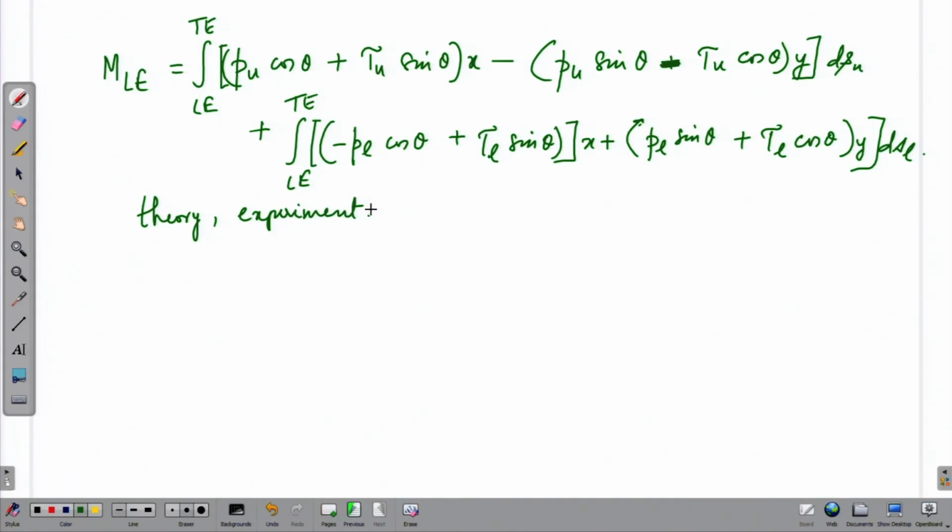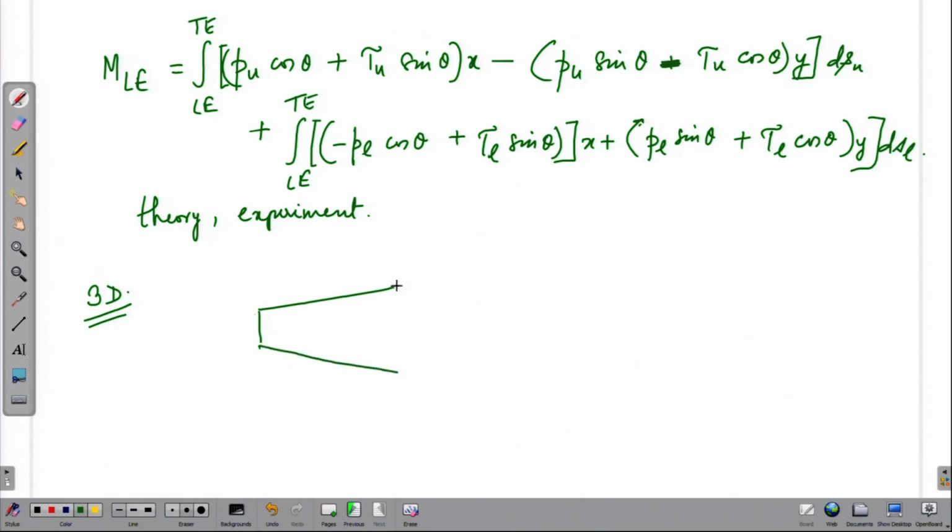Now, let us look at whether we can non-dimensionalize these forces and moments. Actually, we can, and for 3-dimensional bodies, let us say if you are looking at a wing, then the plan view of a wing may look like this, where you are not considering other elements of the aircraft like fuselage and so on.